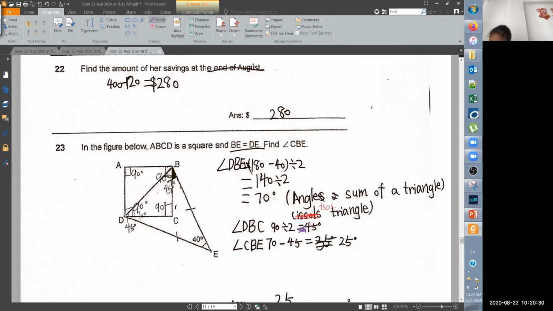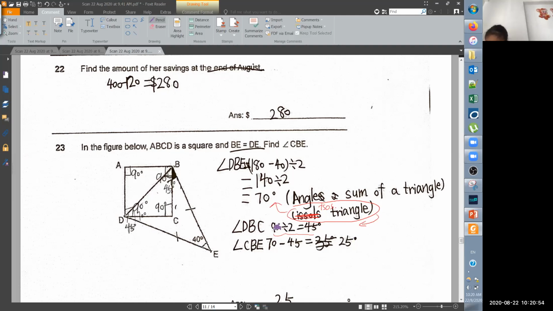This 90 divided by 2. So what rule are you using here? Is it isos again? Wait. Your this statement, is it for here or for here? 那个 x 是 for 上面那个。Oh, okay.